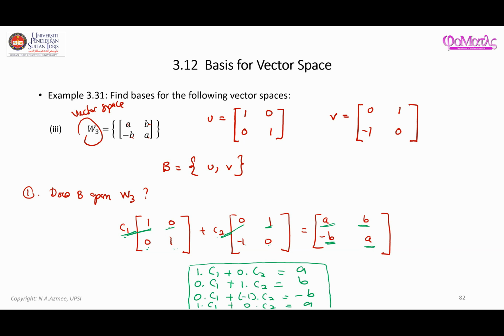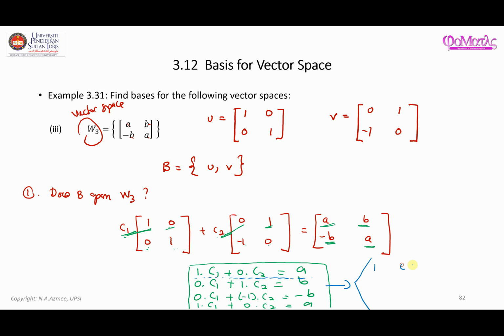Okay, so the matrix will look like this, where I'm just going to use the space right next to it. So from here, if you study this first equation, it will look like this.